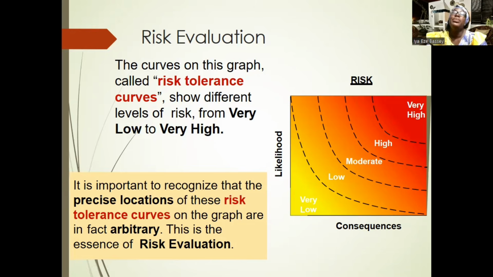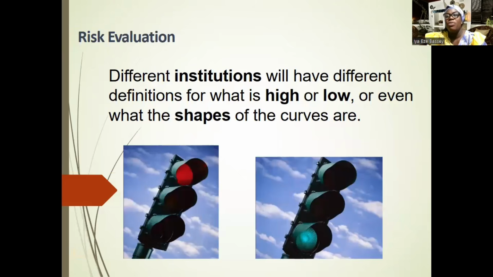Depending on if an institution is risk averse or risk tolerant, these particular curves can change. For instance, different institutions will have different definitions of what is high and low. I think I told you that some people may think that if 1,000 people die, there's no problem, it's for the good of humanity, while some other persons may say not one person must die.